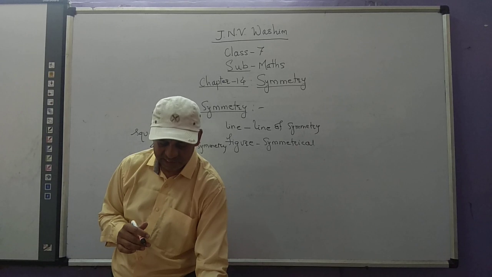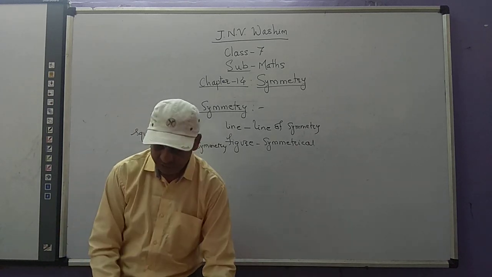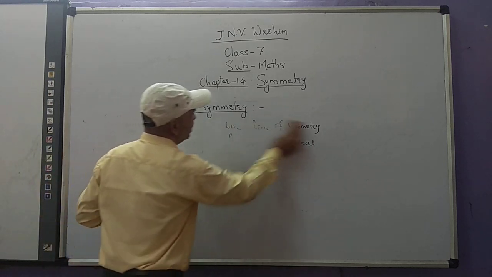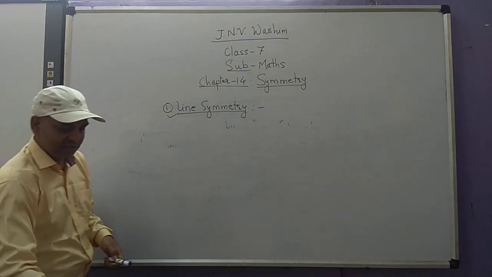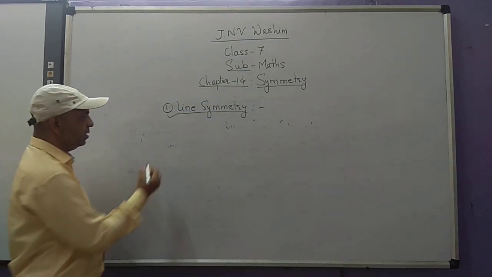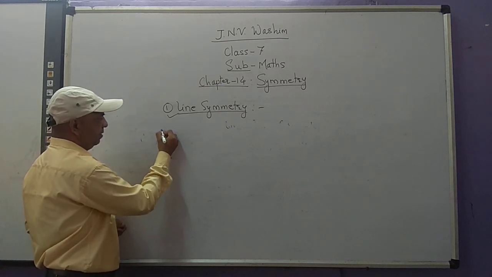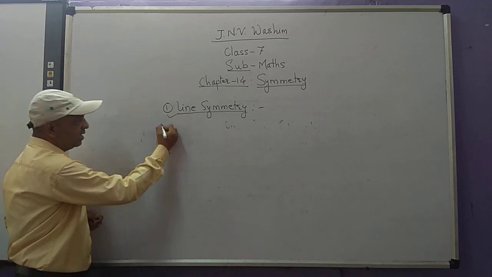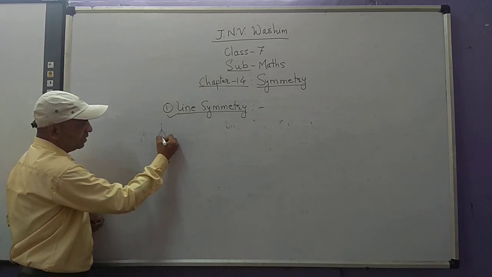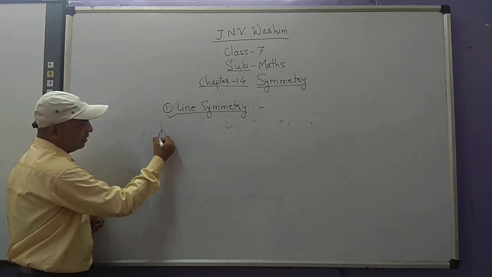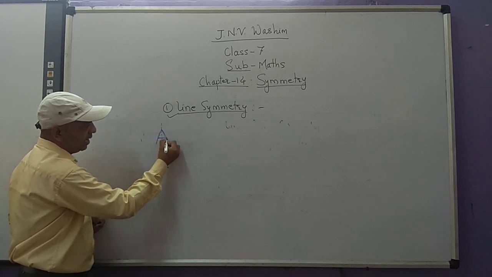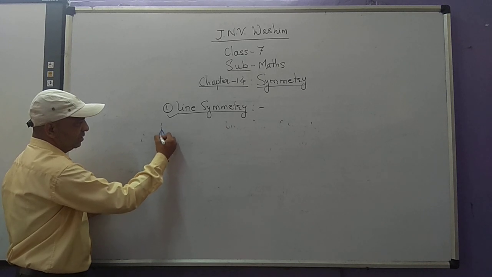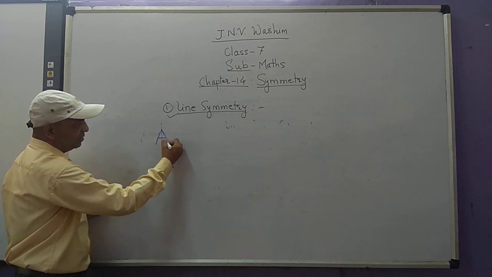So we discuss this line symmetry in English alphabets. There are 26 English alphabets. Observe A. If I draw the line, you observe that this A splits into two parts. First part is this and second part is this.